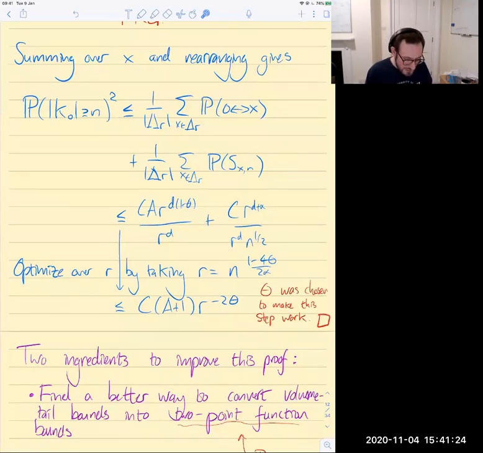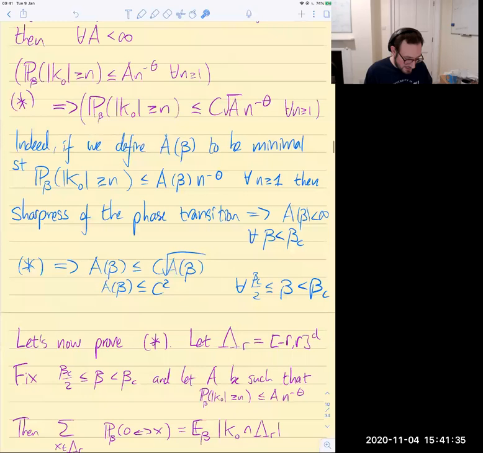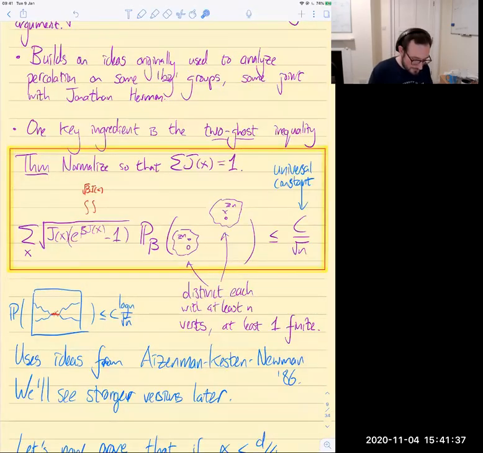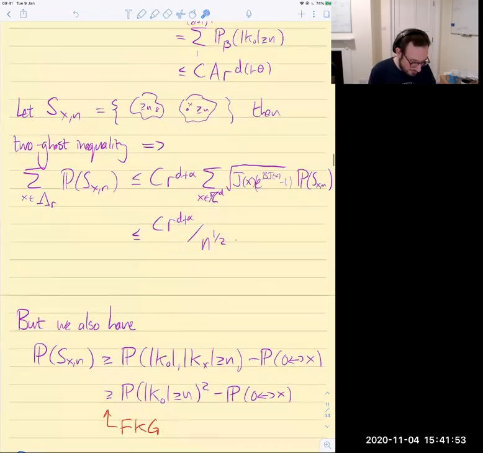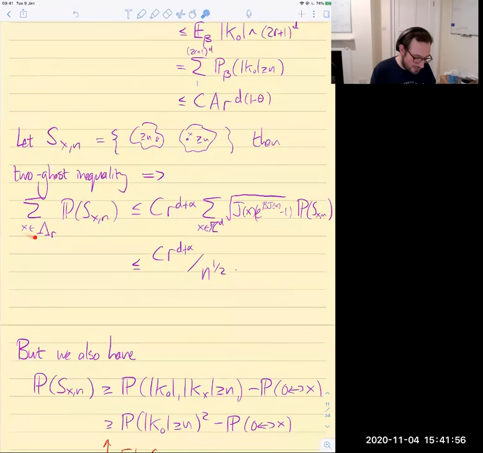In the two ghost inequality, do you assume anything about the distance between the origin and x, or does it hold for any 2 points? The two ghost inequality is about a sum. So you sum over all x, but you have this factor that depends on the weight. What we did here is we wanted to estimate this sum over x in a box, but what we know is how to bound the sum over all x, with this factor.